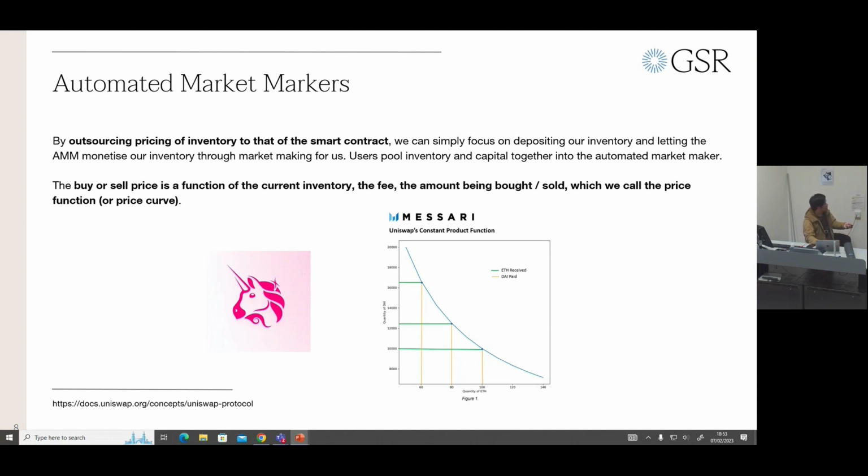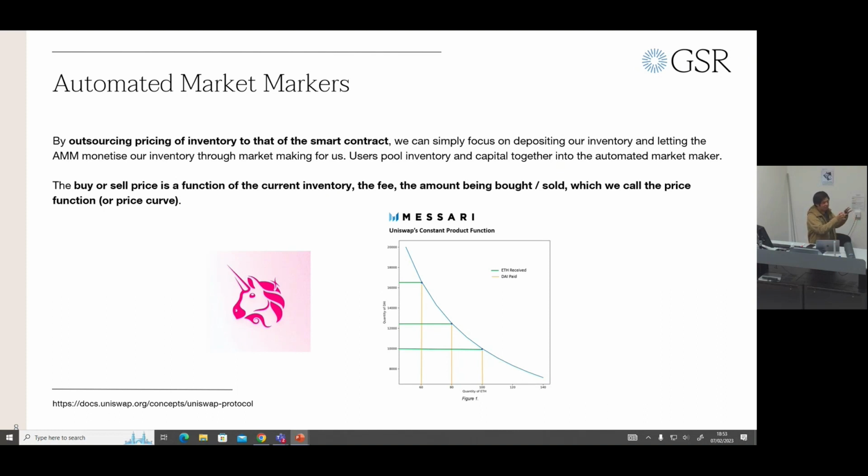So one of the most prominent automated market makers is Uniswap. It's one of the oldest, in fact, and it works off a constant product pricing function. What it says is, let's take two assets, ETH and USDC.